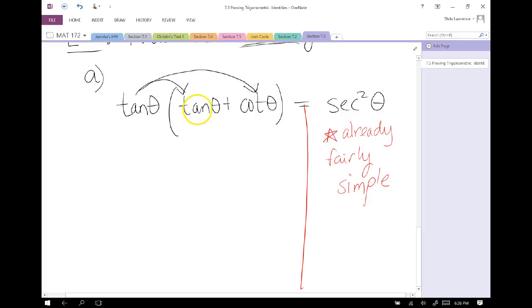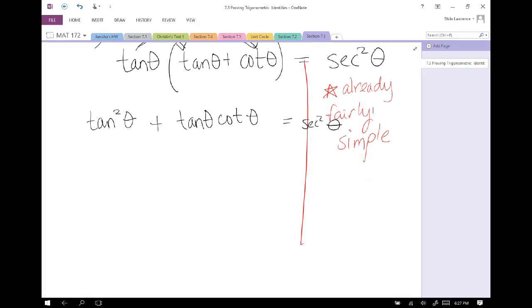So tangent times tangent is tangent squared. And then tangent times cotangent, for right now, I'm just going to say tangent times cotangent. And this equals secant squared. Not doing anything with the right-hand side, just copying it down. All right, well, there's a relationship between tangent and cotangent, and this is now where we need to remember our identities.